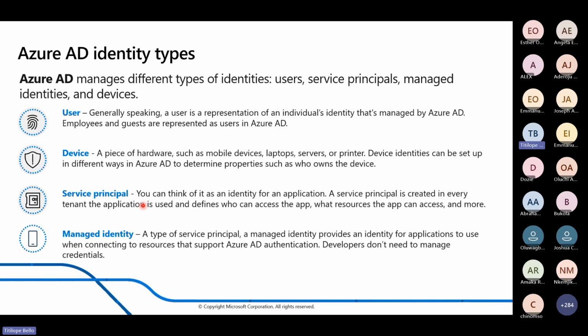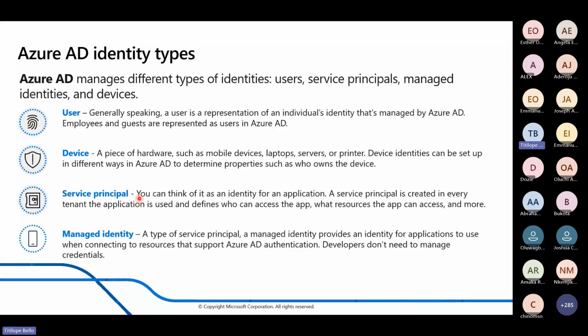So there will be a need for a handshake between the line of business application and the other service that is going to be logging in to perform an action. So that way, you have to create what we call a service account.